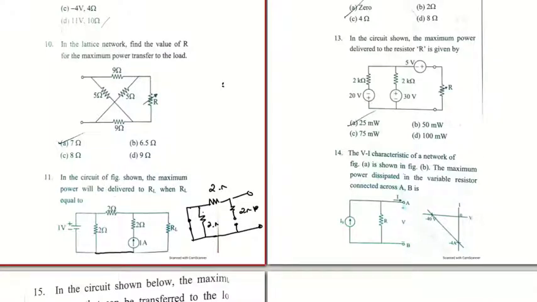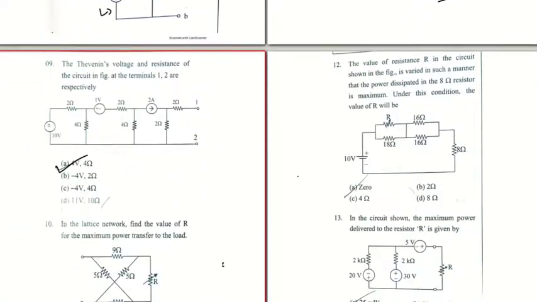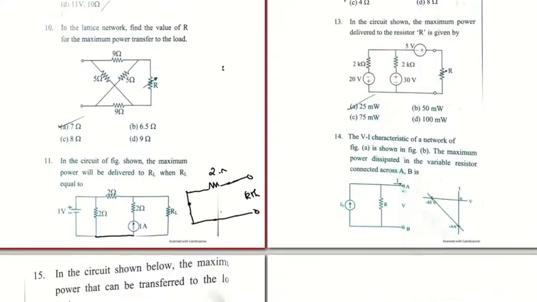A passive element, a resistance, is in parallel with a short circuit, so we have to ignore that resistance because no current is going to flow through it. What is left is our 2 ohm only, because the other 2 ohm is not valid, as no current is going to flow over there. So our RTH is equal to 2 ohm. We got the answer.